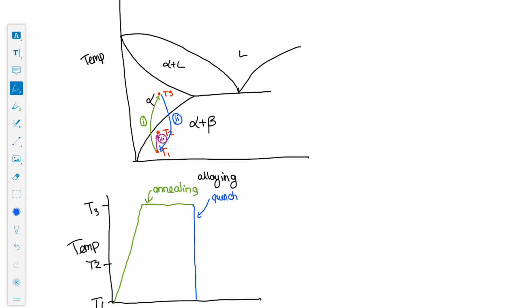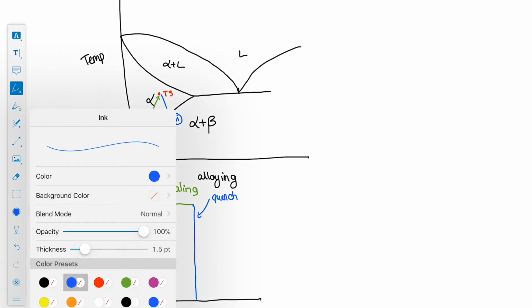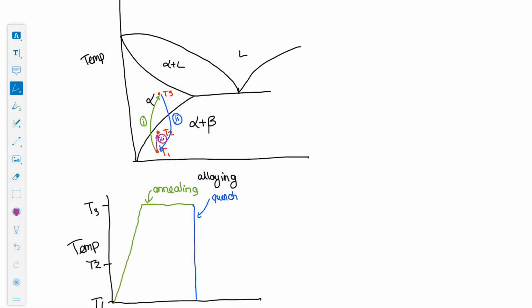And that's what we're doing to create our supersaturated solid solution. And then we heat back up to our T2, so a little bit of a slower heat up.